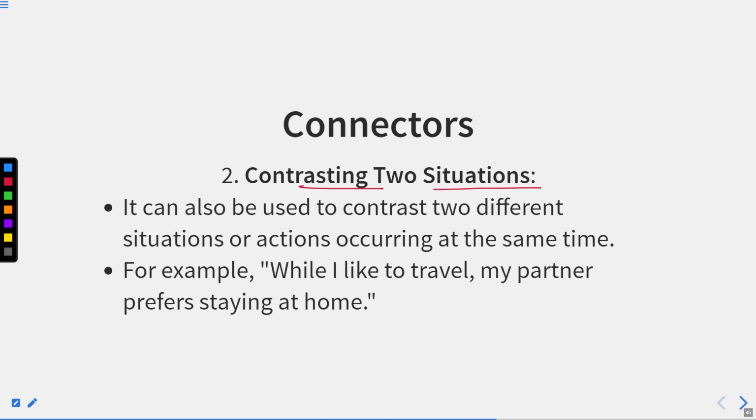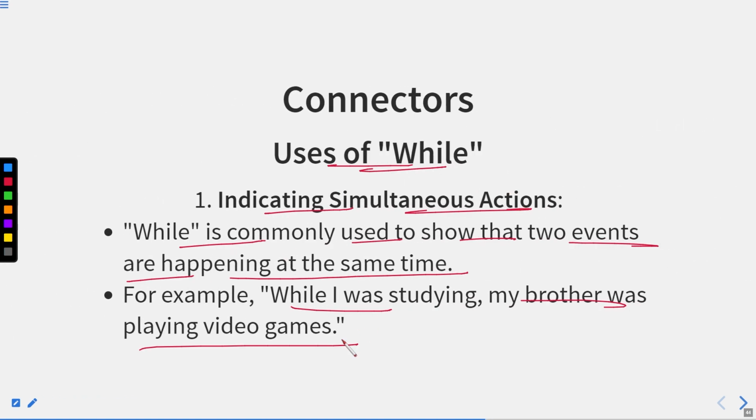Now, if you say that when and while both show simultaneous situations, there is a big difference. How? First, let me tell you this. While I was studying, my brother was playing video games. This is actually the use of while.